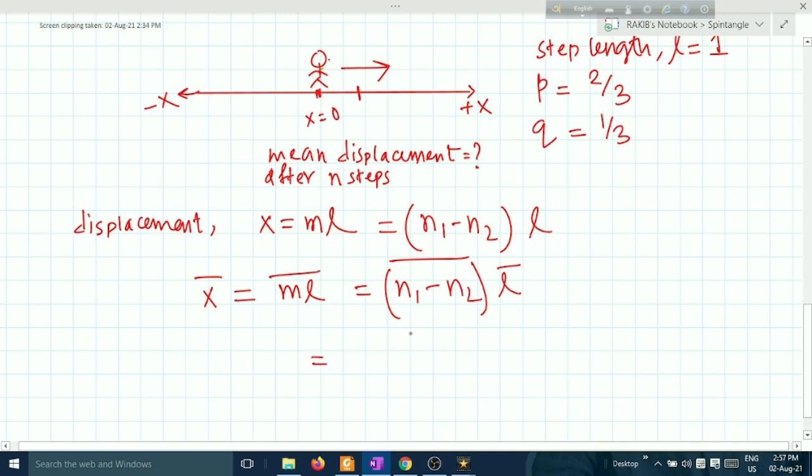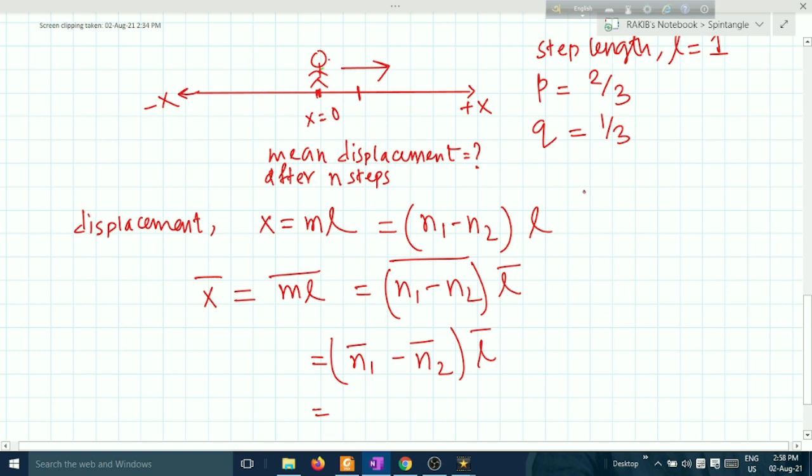this means n1 bar minus n2 bar times l bar. What can we conclude from this?